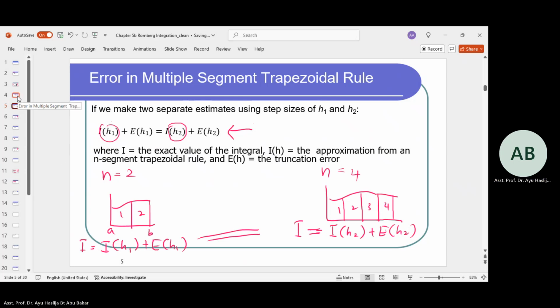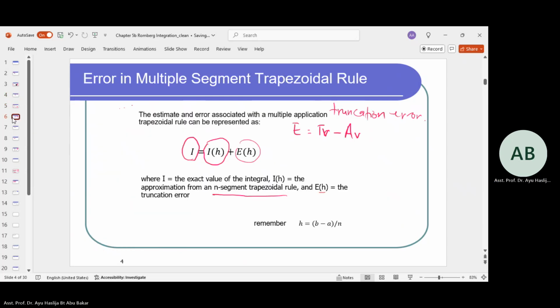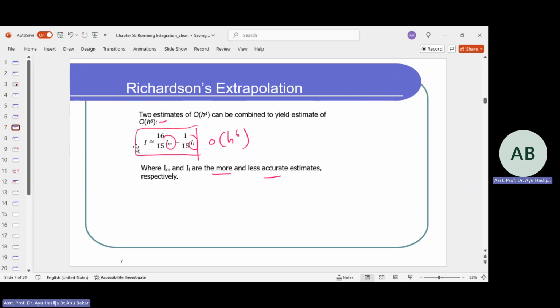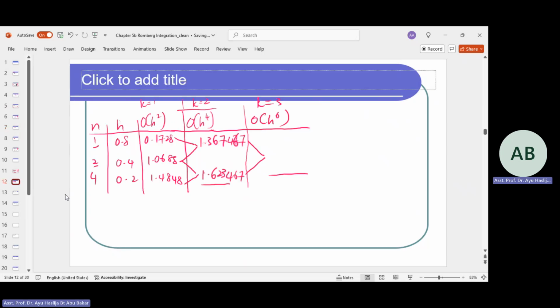Where is it? This one is O(h^4). Now here, this is the value, 16 over 15. Okay, I copy to the slide. So to find that O(h^6) level, to find this integration, you will need to use this equation.